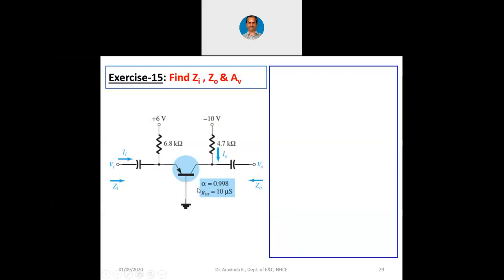In this example, alpha is given and the output conductance is given as 10 microsiemens. Let us apply the DC analysis and the AC analysis, and find the input impedance, output impedance and voltage gain using the formulae which I mentioned in the previous slide.